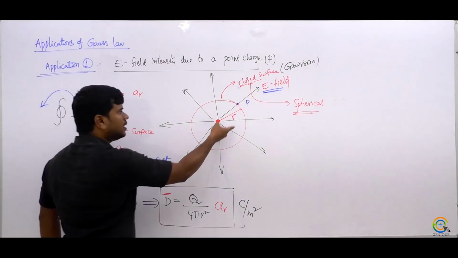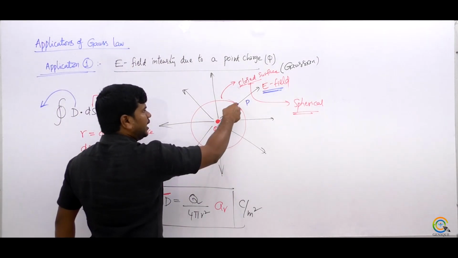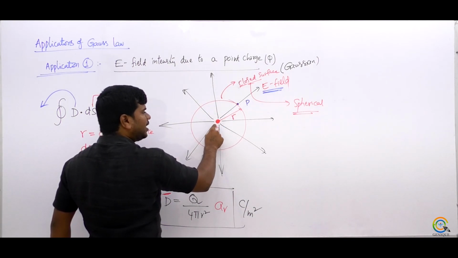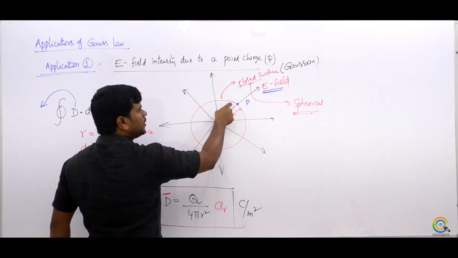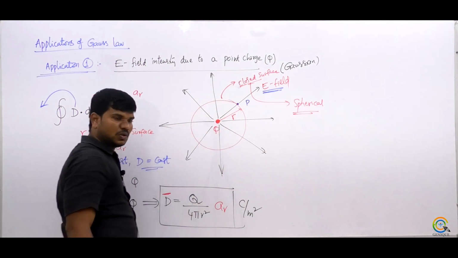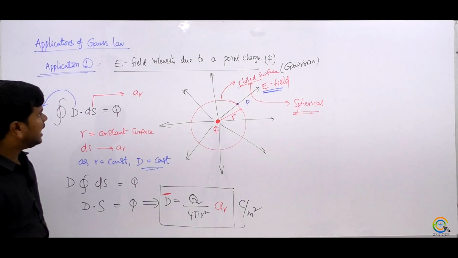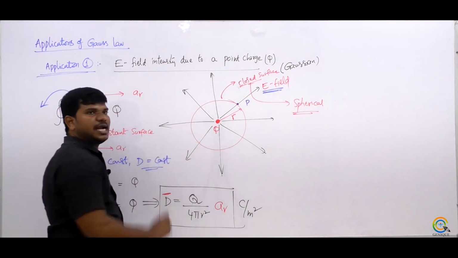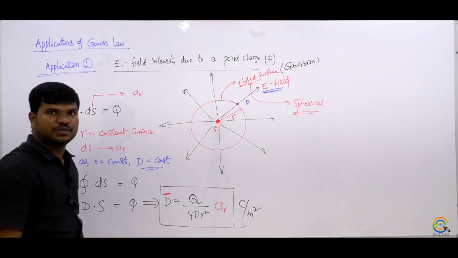Due to this Q, you will get the field strength here as Q divided by 4 pi r square, coulomb per meter square. This is the electric flux density due to the point charge at a distance r.